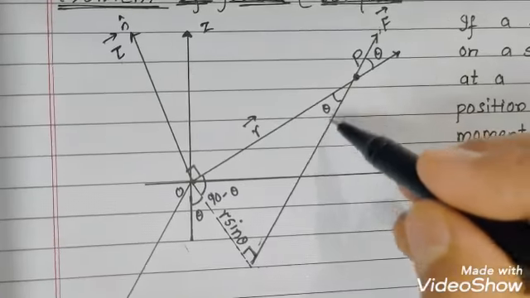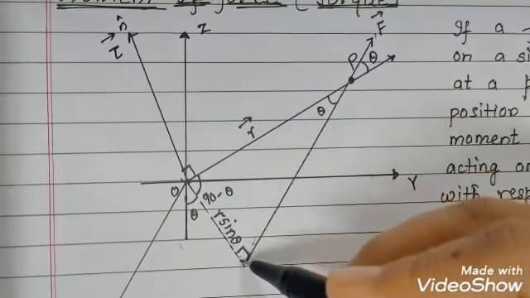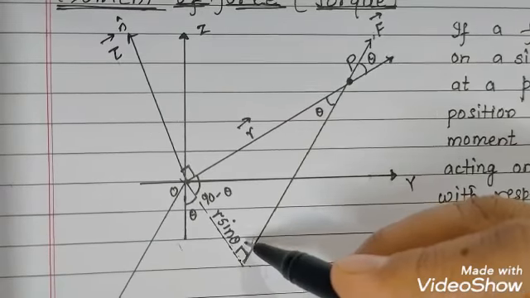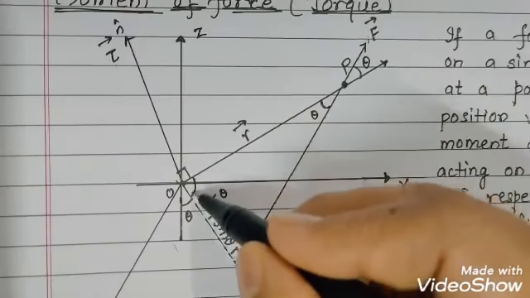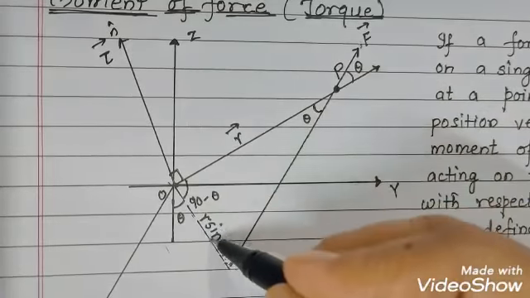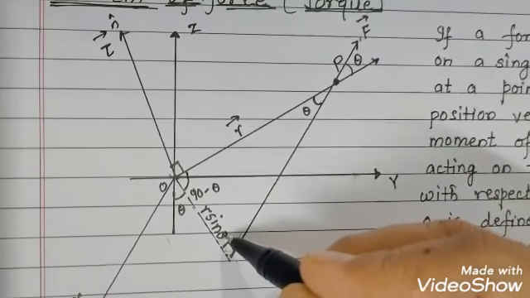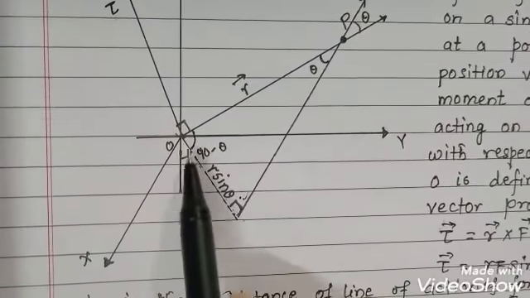Okay, now you will find that if you just draw a perpendicular from this origin here, this is the 90-degree angle. So you will find this is theta, this is 90, obviously it will be 90 minus theta. So this perpendicular line is r sine theta.